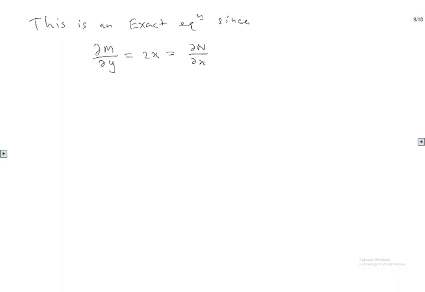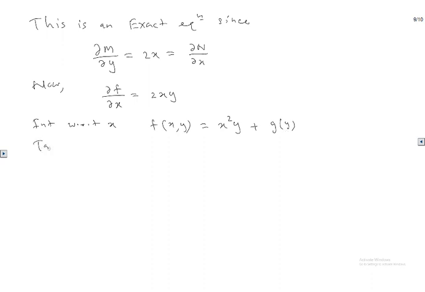Now we can start. We know that the partial of f with respect to x has to be the first part, M. Integrate with respect to x, and you get f of x, y equals x squared y plus the unknown y function. Now take the partial derivative with respect to y and set it equal to the N function.